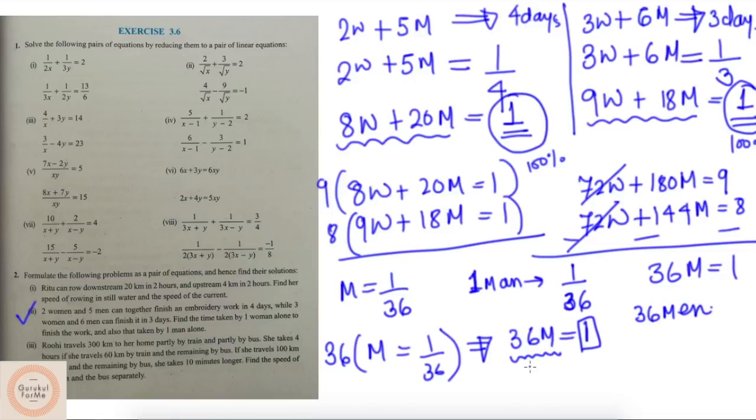Can you substitute M is equal to 1 by 36 in one of the equations and try getting the answer here? Let's put it in any one of the equations. Let's do it this way. So 8W plus 20 into 1 by 36 is equal to 1.